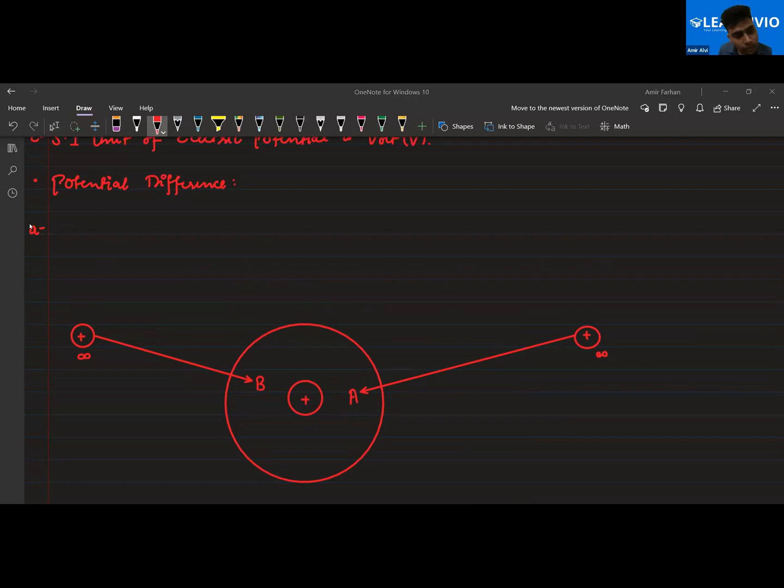The potential difference between two points.